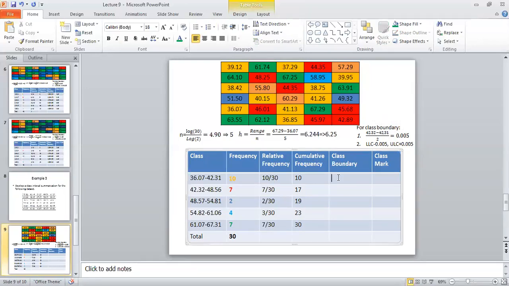Let's quickly do this. 36.07, the lower limit of the first class, minus 0.005 gives 36.065, and then 42.31 plus 0.005 gives 42.315. Likewise, 42.32 minus 0.005 gives 42.315.